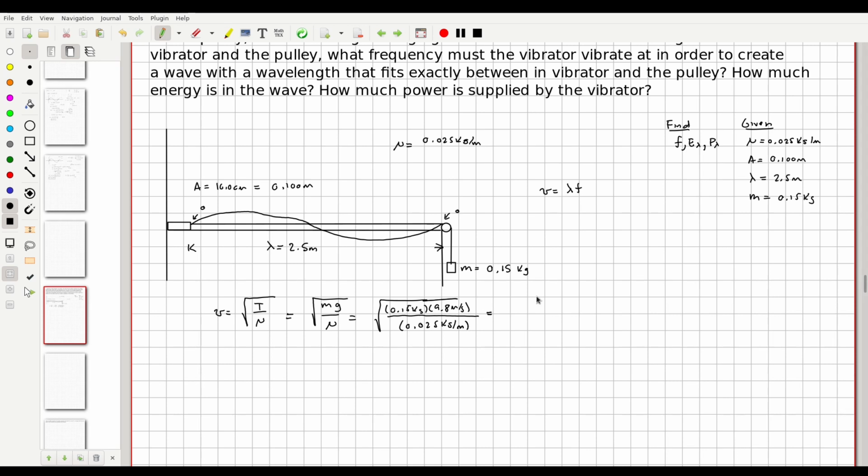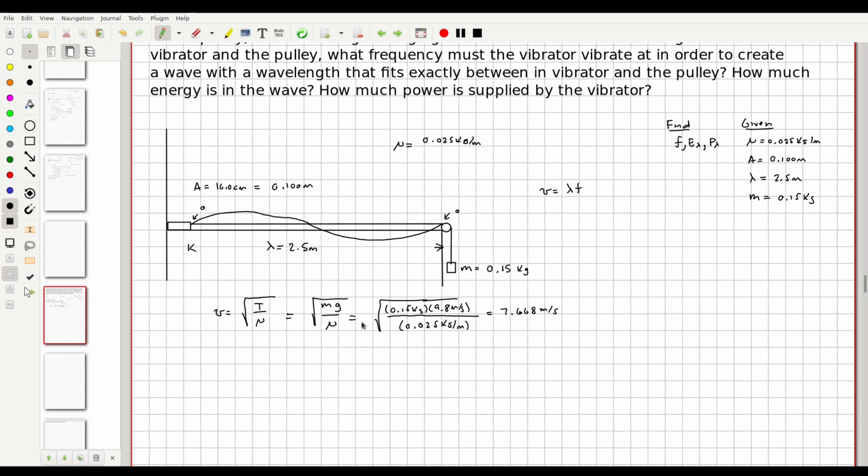If I do the math here, taking the square root of 0.15 times 9.8 divided by 0.025, I get 7.67 meters per second, or actually, I'll write out a few more significant digits, 7.668 meters per second. Okay, so there's my v.